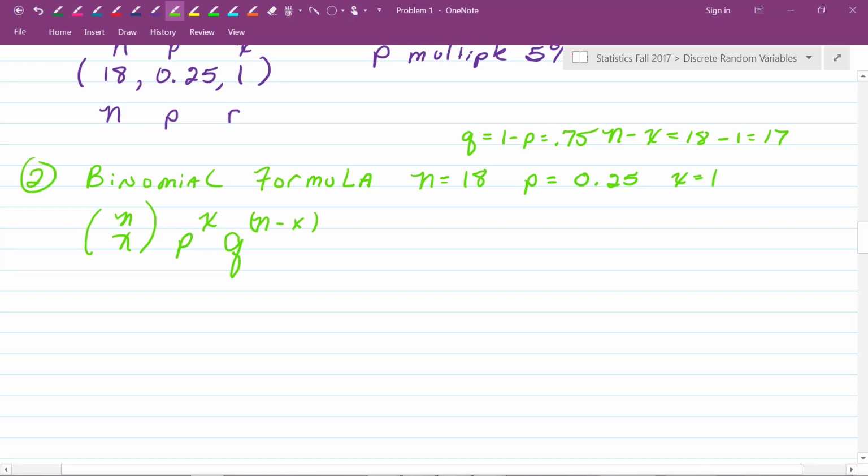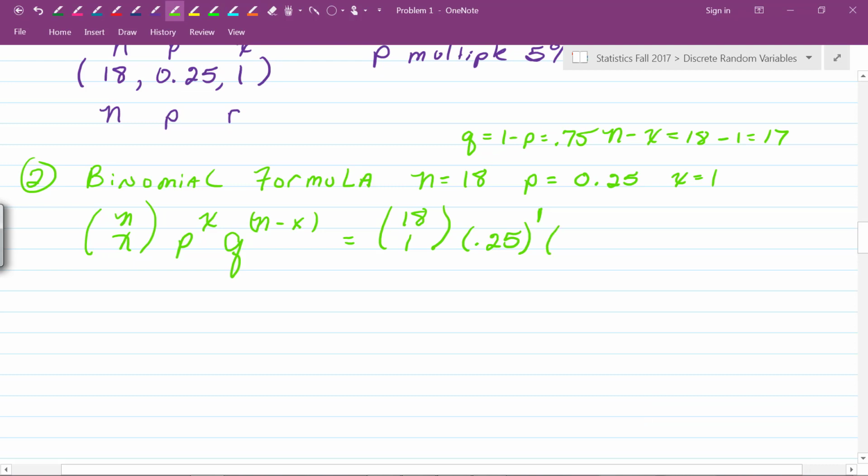So let's go ahead and plug this in. So we end up with 18 choose 1 success times the probability of a success, 0.25. We're going to raise that probability of success to the power of how many successes we're going to have. In this case, we have 1 success because we have 1 student attending TET.